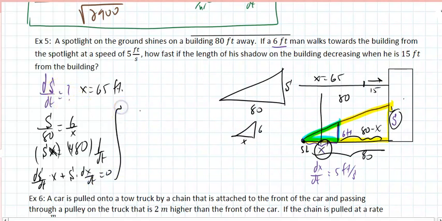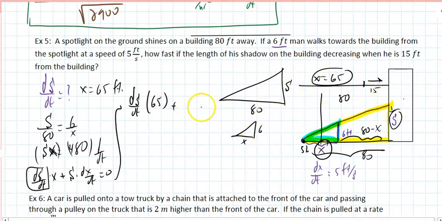And what I'm looking for is ds/dt. So ds/dt times x, well, we said x was 65 if you are 15 feet away from the building, plus s, and I'll get s in a minute, times dx/dt, the man is moving at a rate of 5 feet per second, equals 0.